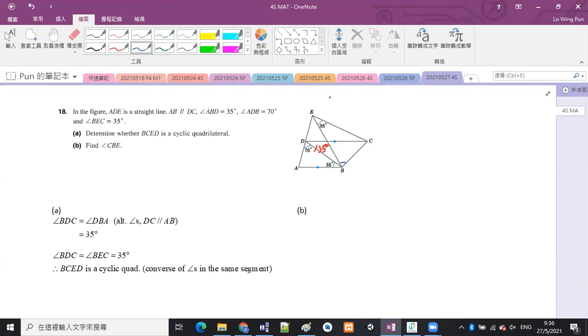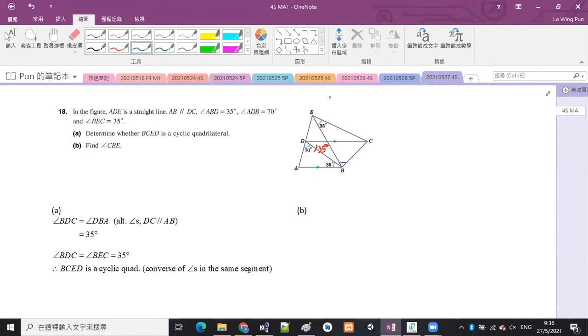Which angle should be equal to this angle? In the cyclic quadrilateral, angle CBE is looking at the chord CE, and there is another angle, angle CDE, also looking at the chord CE. So these two angles should be equal to each other.